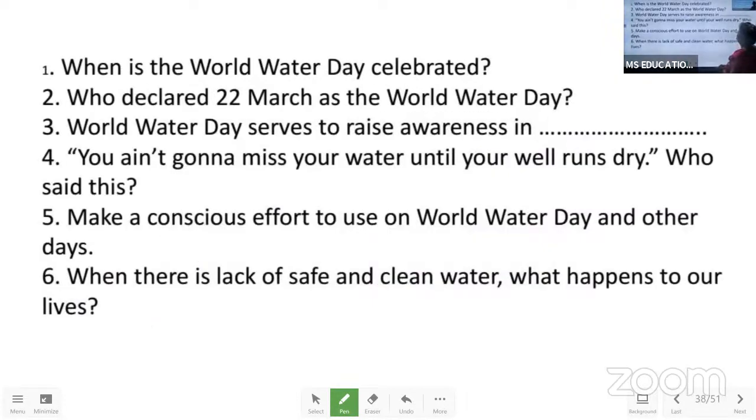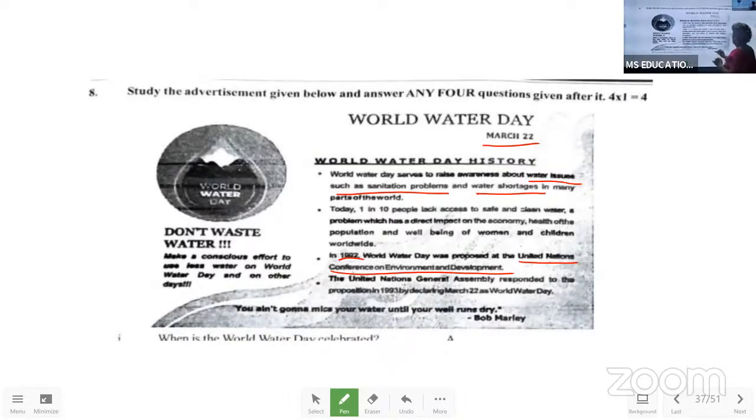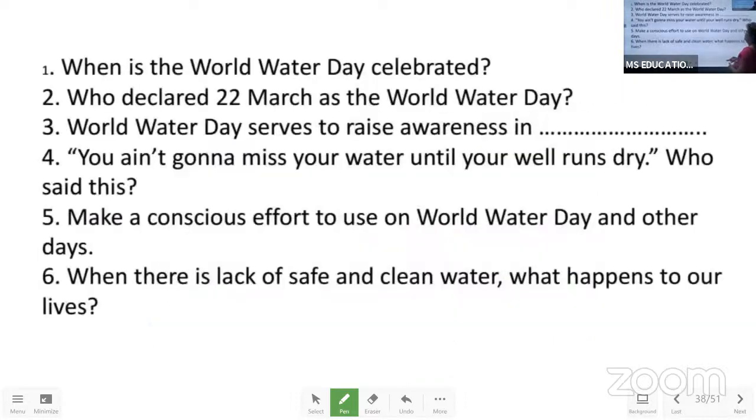You aren't going to miss your water until your well runs dry. Who said this? It was Bob Marley who said these words. Make a conscious effort to use less water on World Water Day and other days.